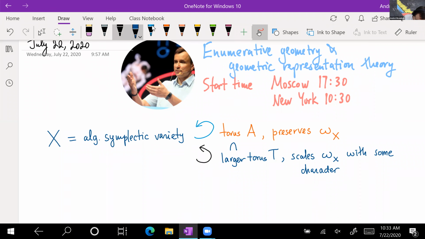And that character we will denote H bar. When we construct the quantum group, this H bar is the deformation parameter.